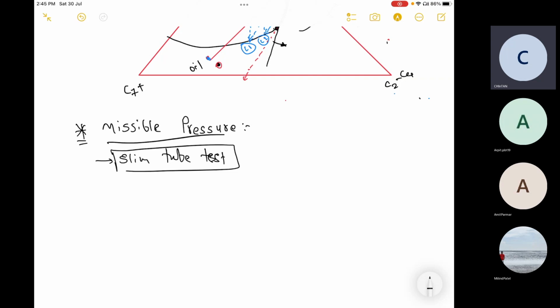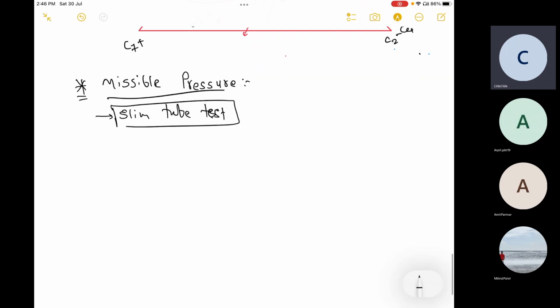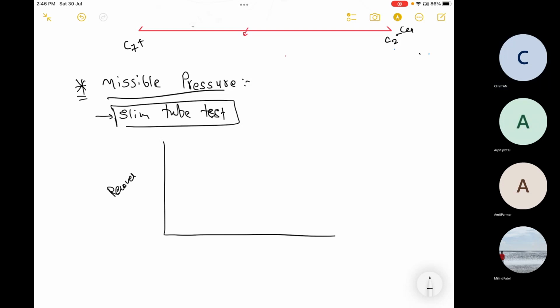In this case, there is one core fitted inside the instrument, in which we pass any solvent and observe what percentage of recovery we are getting. That's the simple mechanism. Once we prepare the recovery versus pressure graph, let's suppose this is my recovery, and at what pressure I'm observing what recovery. It will start to produce a graph with points like these.